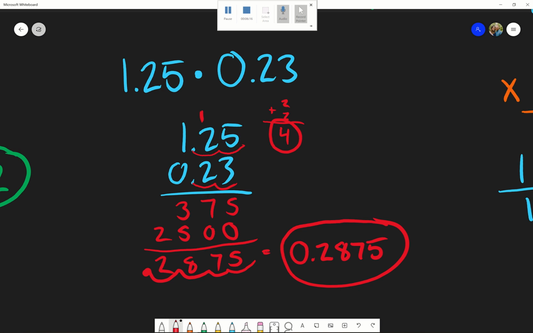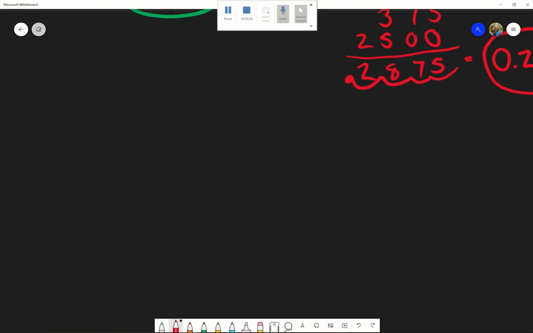Okay, anytime we multiply decimals, we want to bring them out, add them together, and then put them back in at the very end of my math problem.